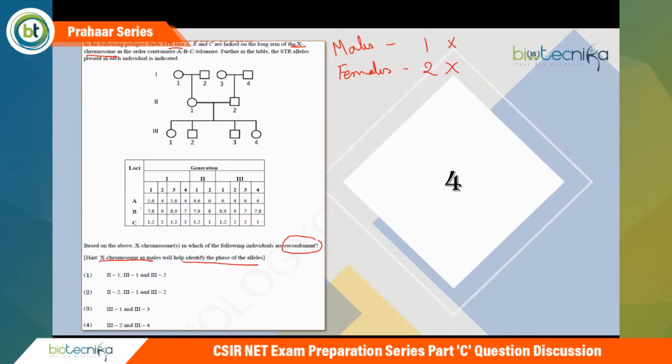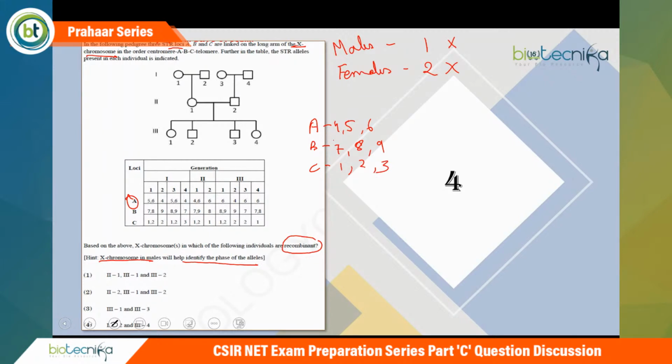So basically it means that this A loci has 3 alleles. What are they? 4, 5, and 6. B loci has again 3 alleles, 7, 8, and 9. C loci has again 3 alleles, 1, 2, and 3. Does it make sense now?